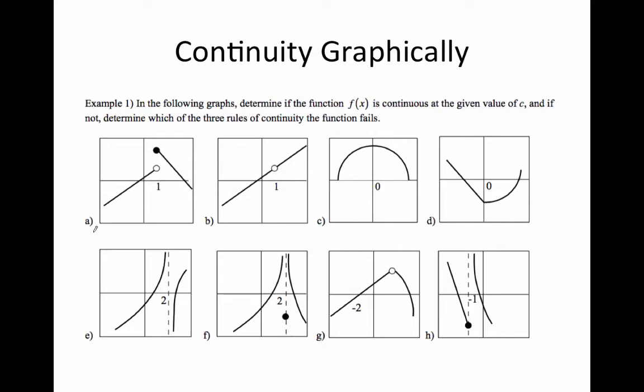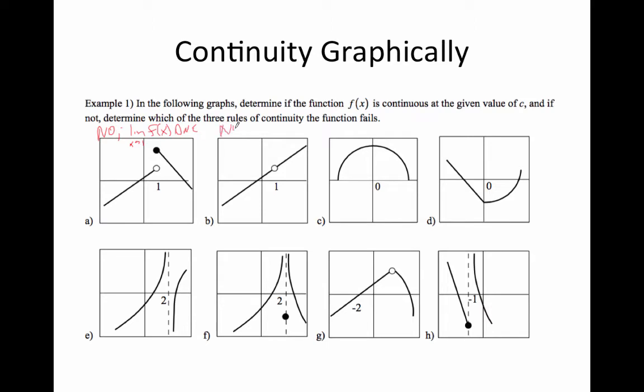So for graph A, this is not continuous at 1. And the reason why is because the limit as x approaches 1 does not exist. Notice that from the left of 1, we're getting closer to this hole, but from the right, we're getting closer to f of 1. So since the limit does not exist, we can't be continuous there.